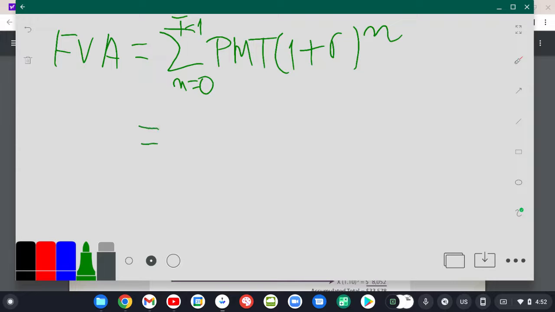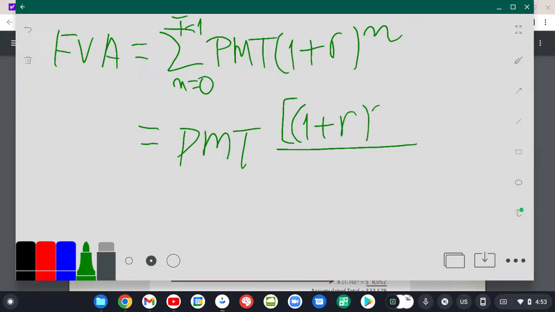Now, the reduced form is like this. Payment times, open parenthesis, 1 plus r raised to n, minus 1, close parenthesis, over r. This is the reduced form.